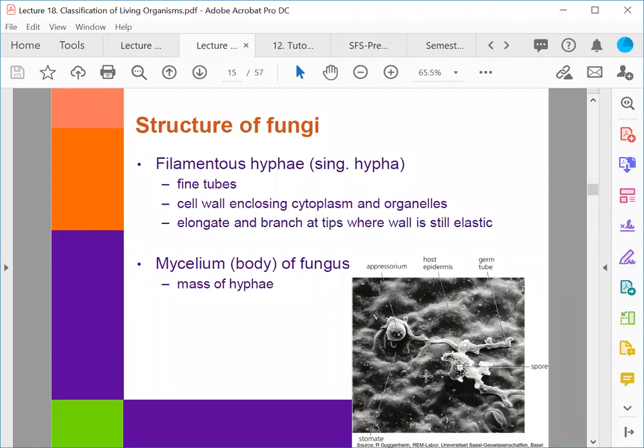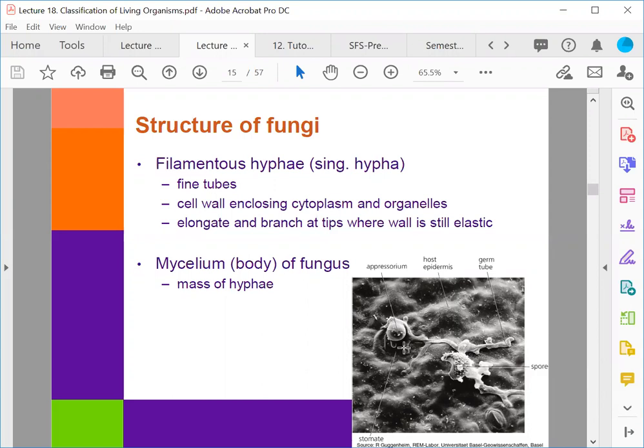We've got an amazing image here. This would have been taken with a scanning electron microscope, and we can see a fungal spore that has landed on the surface of a plant. The spore has germinated, and we can see these elongating cells, that is the hyphae. This particular hypha has found an entry point into the plant.